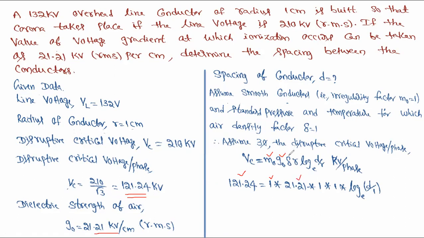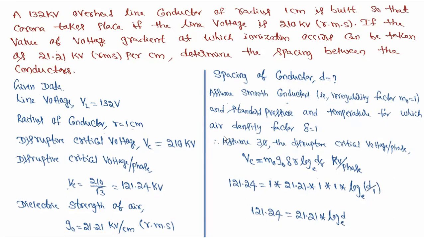We are assuming the air density factor is also unity, and the radius of the conductor is 1 centimeter, that is r equal to 1 centimeter, log d by r. We want to find out the spacing of the conductor d, and the radius is unity. Now simplifying, we get 121.24 equal to 21.21 into log d base e.